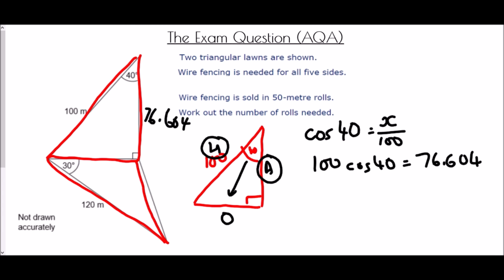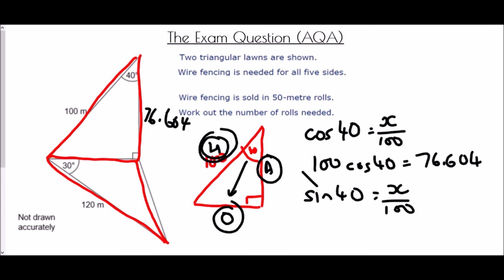Now if I want to find the length at the bottom of that triangle, I'm going to need to use O and H. So that is going to be sine. So sine 40 equals x over 100. And so in this case, actually let's change that to y as we've got a different side.